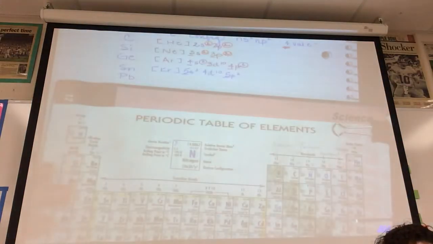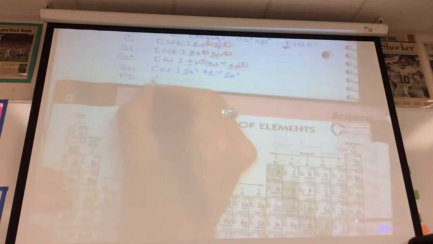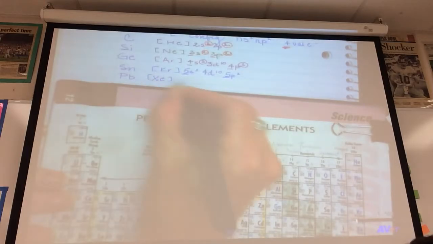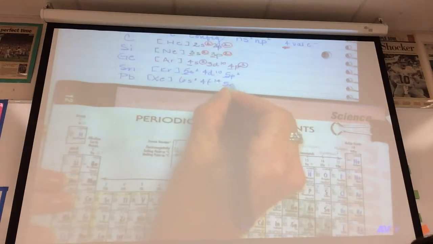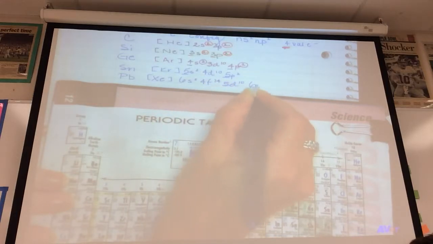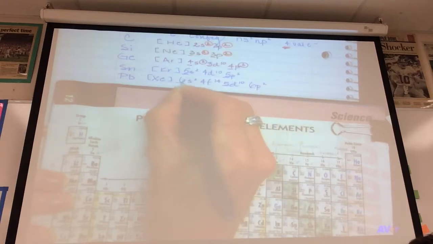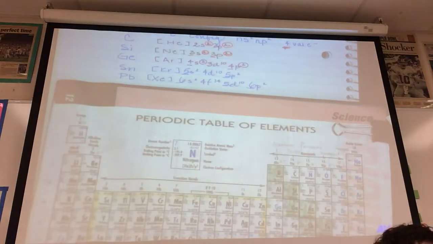Let's get that down on paper. So lead is xenon, 6s2, 4f14, 5d10, 6p2. And again, the highest value of N is the row the element is located in.